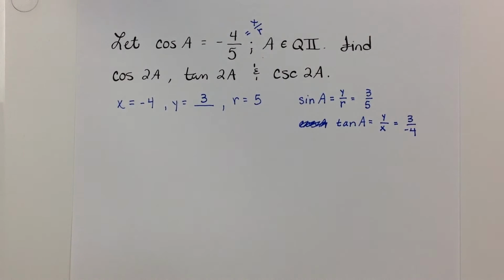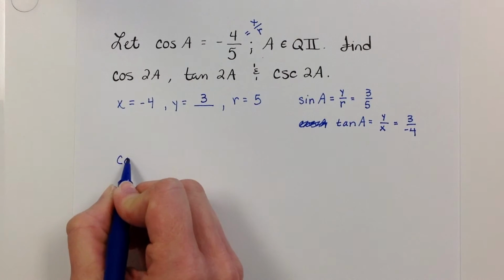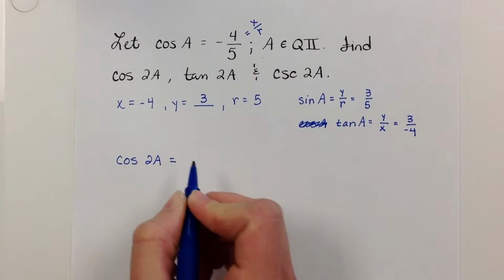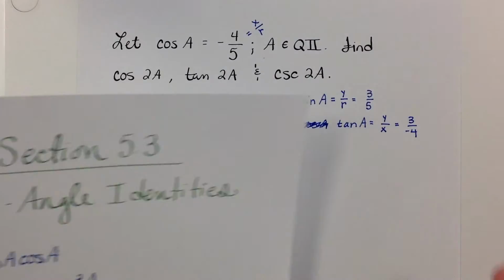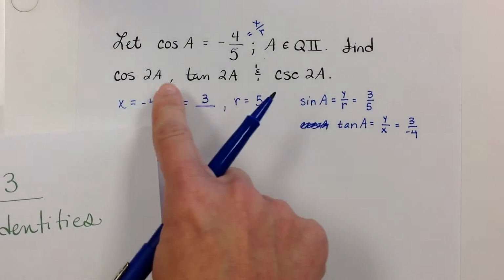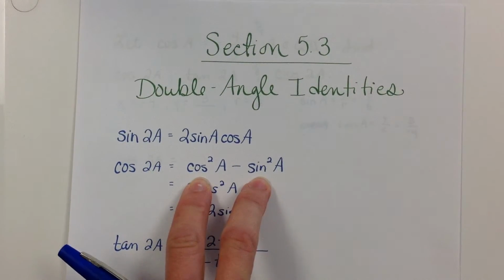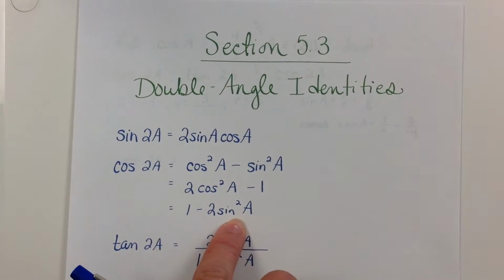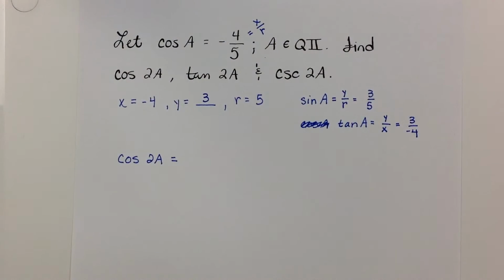Okay, so the first that I've asked you to find is going to be cosine of 2A. Now, this is one of the situations where you can pick any of the three that you want to, because we do know sine and cosine. You could use this one because you know sine and cosine, or this one because you know cosine, or this one because you know sine. Just pick whichever one you want to use.